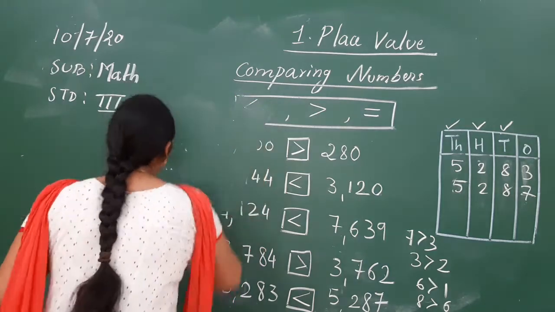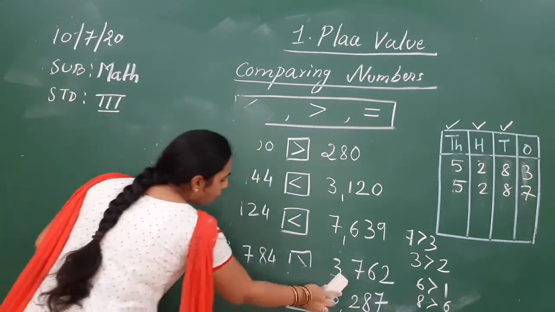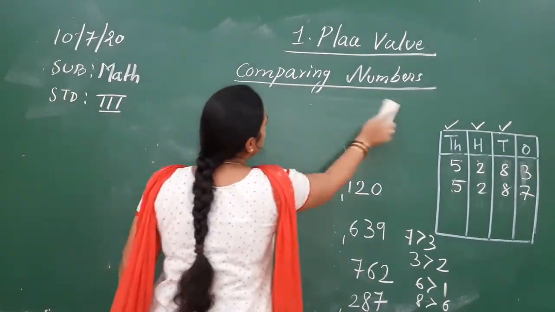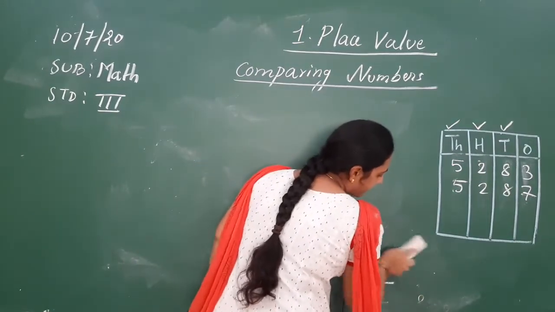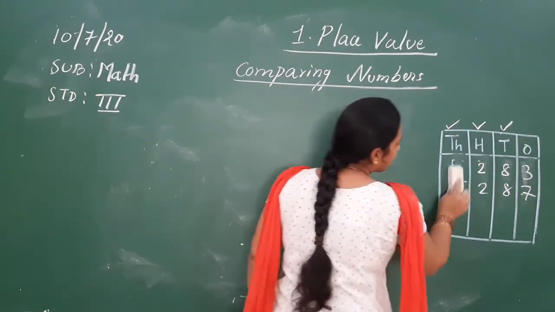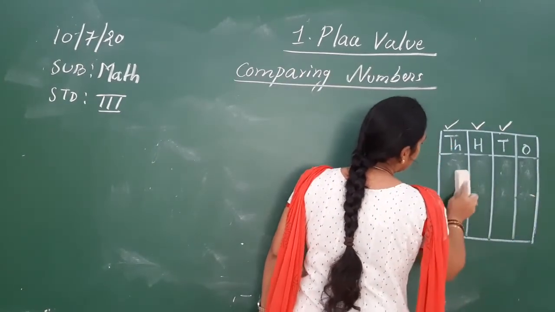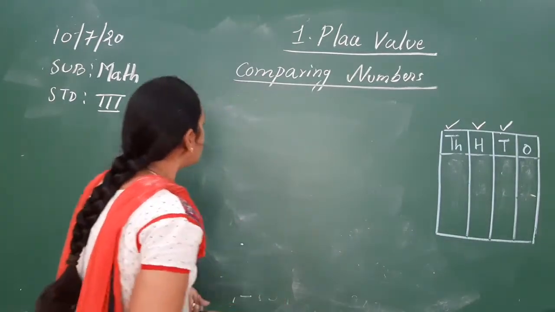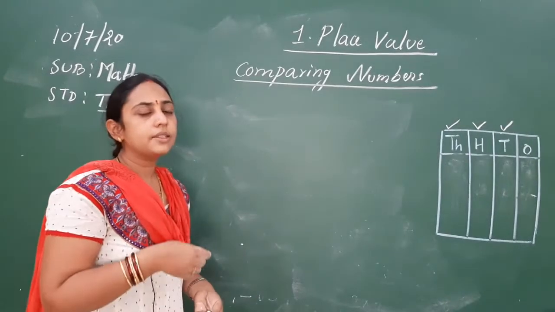Okay. Next is how to find the greatest number and the smallest number. Now suppose we are having some numbers and we have to find the greatest number.